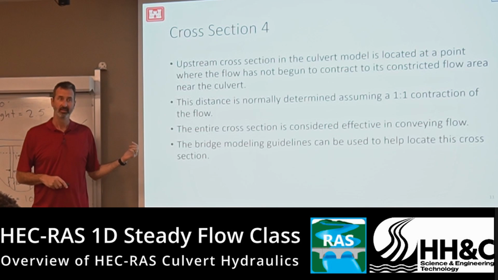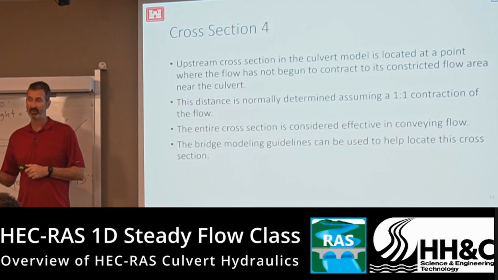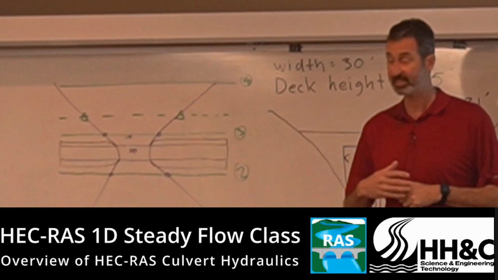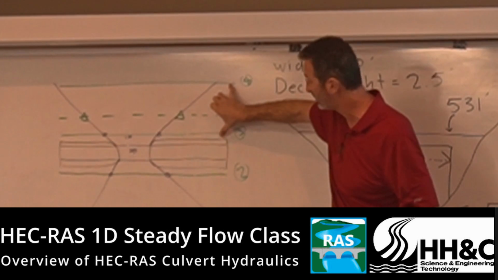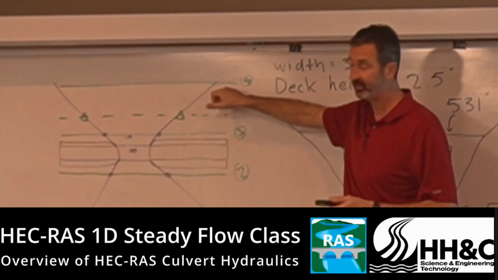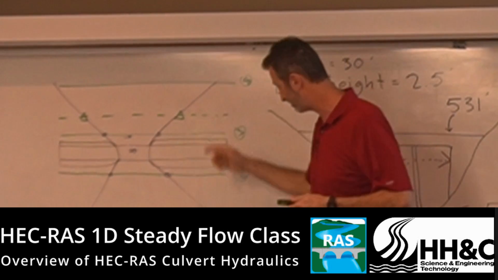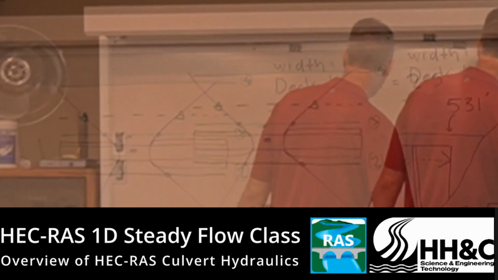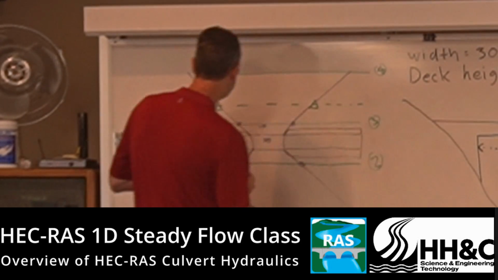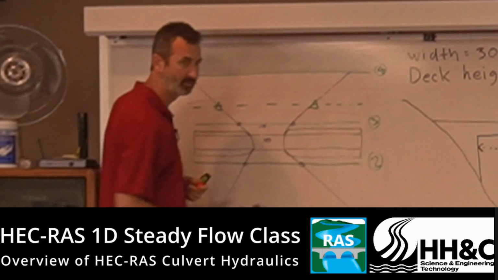Okay, so again, it is not so much about where the cross-sections are, it's about where the ineffectives are. It's nice if you just put this one that far upstream, at 1-to-1, then it doesn't need to have ineffective flows. But if you had another one in the middle, or many, let's say we had 10 cross-sections in here, and I'm not going to draw 10 lines.